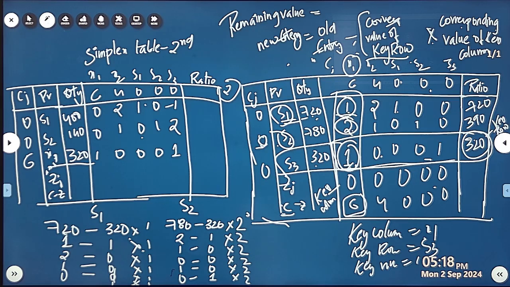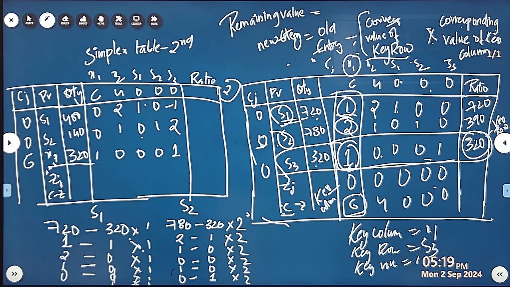Okay, so this minus. So tell me what's the key row here? 1 0 0 0 1. So here 320. This is 1, this is 0 0 1. Okay, so minus the corresponding value of the key row. So the key column is 1 into 1, right? So into this, if you solve these values you will get the numbers. You got the numbers here, right? So these are the numbers you need to write here.